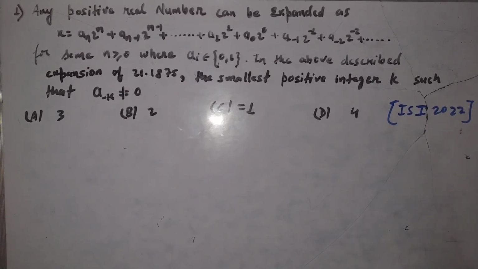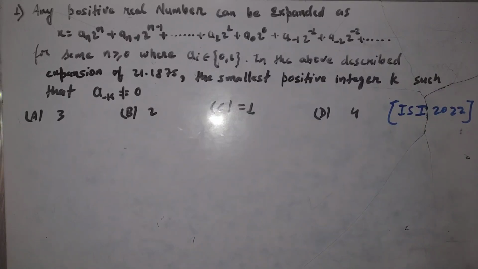The question says that any positive real number can be expanded in this form. For example, a number x can be expanded as a_n times 2 to the power n plus a_(n-1) times 2 to the power n minus 1, all the way up to a_0 times 2 to the power 0, plus a_(-1) times 2 to the power minus 1 plus a_(-2) times 2 to the power minus 2, all the way up to minus infinity, for some n greater than or equal to 0, where each a_i is either 0 or 1.